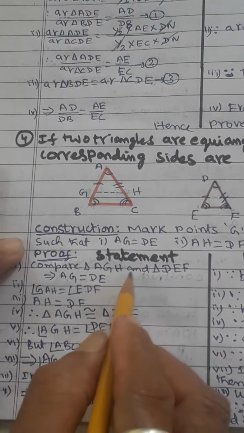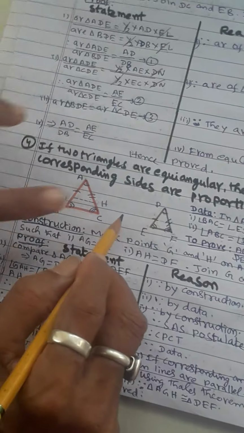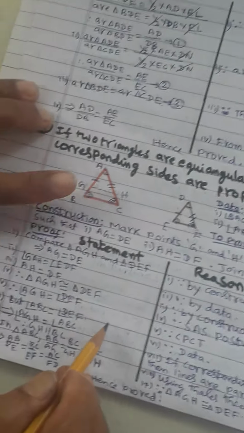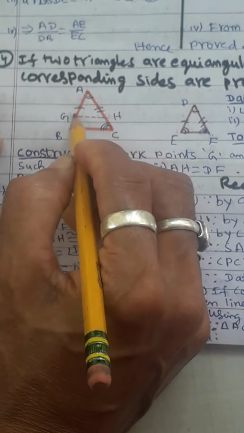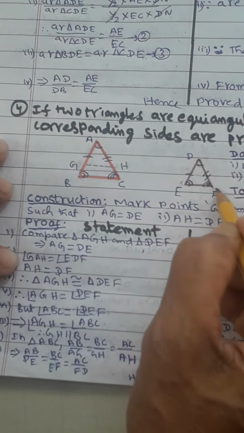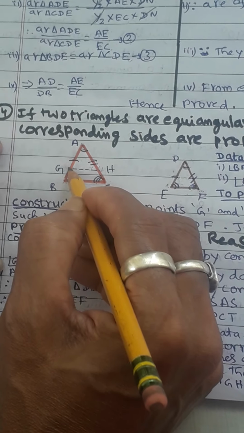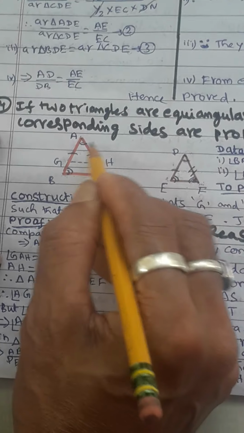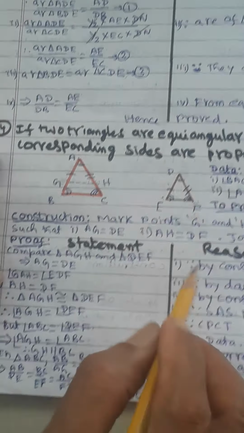Now we have to write the statements and reasons for the proof. What do you have to consider now? Consider triangle AGH and triangle DEF. Only this top triangle, we are not considering the base. We already know that AG is equal to DE and AH is equal to DF. Then the common angle GAH is equal to angle EDF, because the first angle is the same, being equiangular.